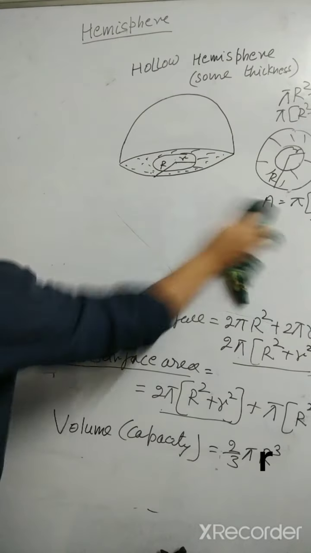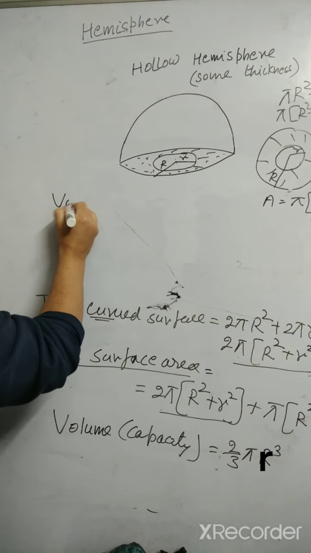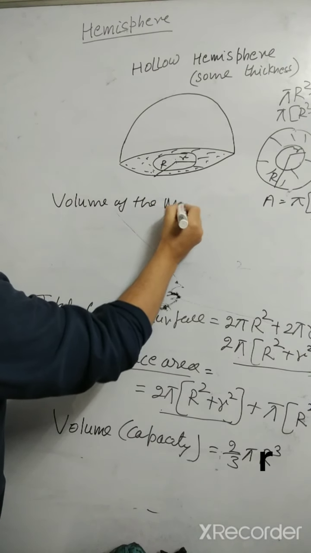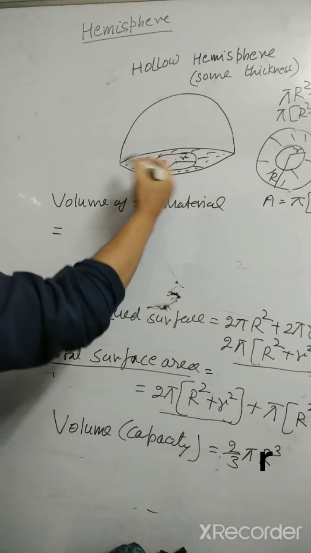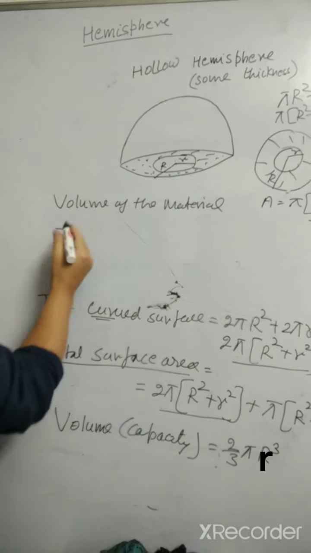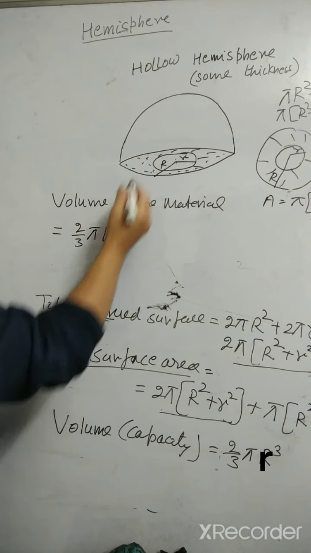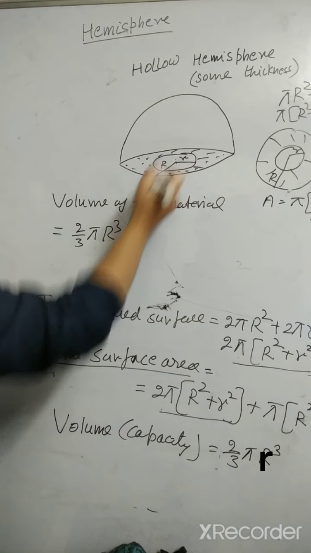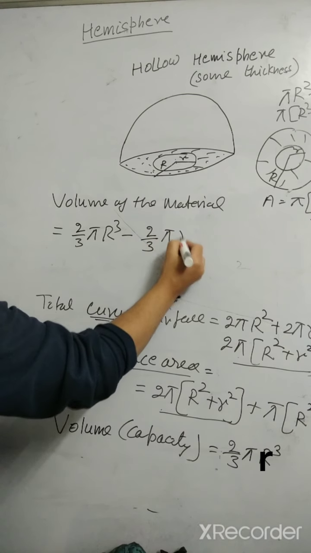So now volume of the material, right? First you calculate the volume of this whole hemisphere, that is 2 upon 3 pi R cube. This is the volume of this whole hemisphere. From this subtract the volume of the hollow part, 2 upon 3 pi small r cube.